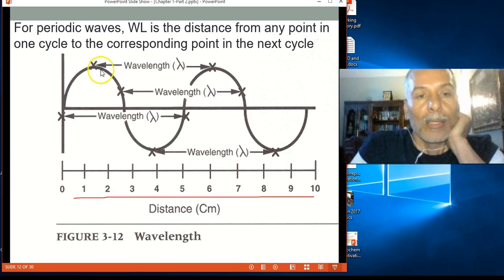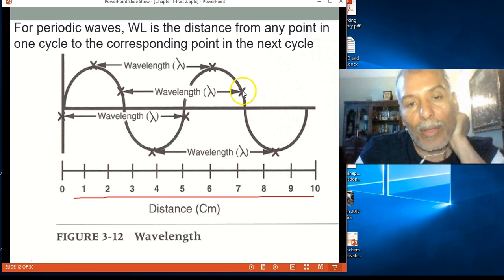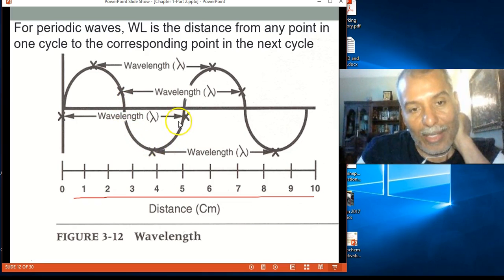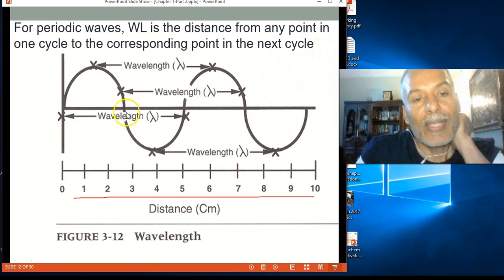If you go to this point here, for example, on this wave, and exactly the same point on the other wave, and draw a line, and then you take a string and trace this up, that string is going to make the length of the wave. And this length of the wave is going to equal the other one. So any two points are going to give the same.